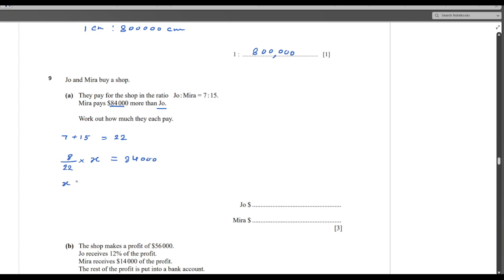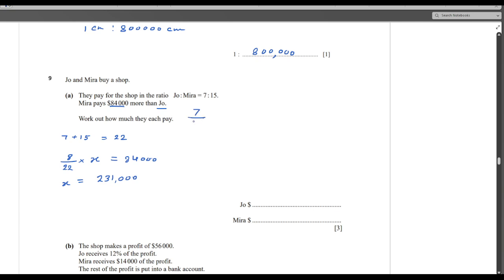Okay, so from this we can figure out what is total amount X. Your total amount X is 84,000 times 22 divided by 8. It is 231,000. This is your X. Now work out how much each is paying.